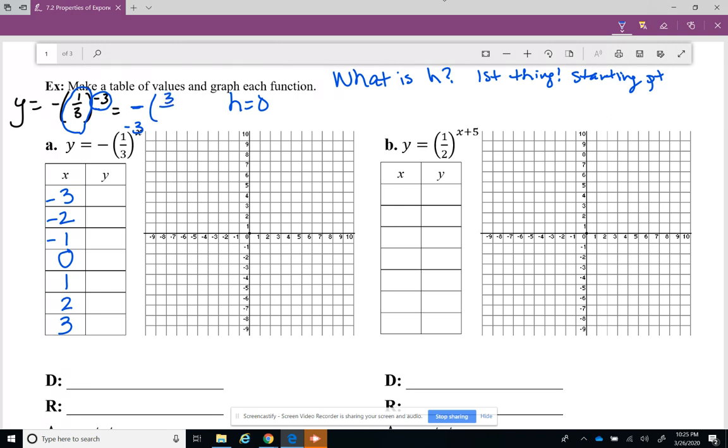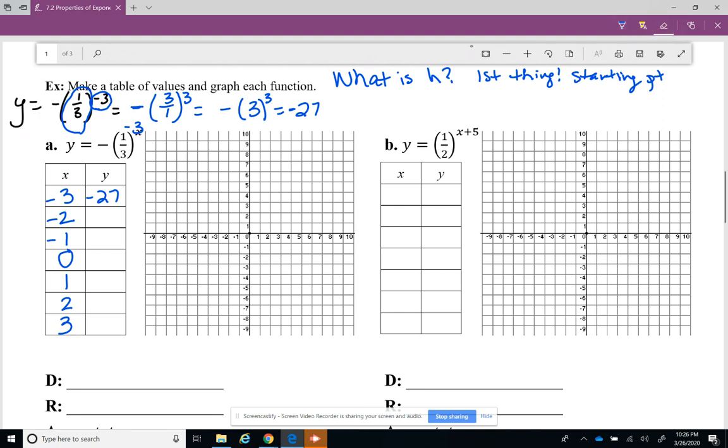You flip the 1/3 to 3/1 and turn the -3 exponent into a +3. Now you have -3 to the 3rd. 3 to the 3rd is 3 times 3 times 3, which is 27, and then you put the negative out in front, so that's -27. Let's graph that. Oh, we can't. It'll fall off the graph. Let's go to our next one then.